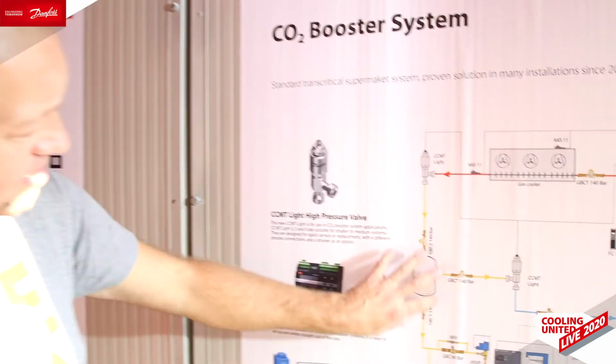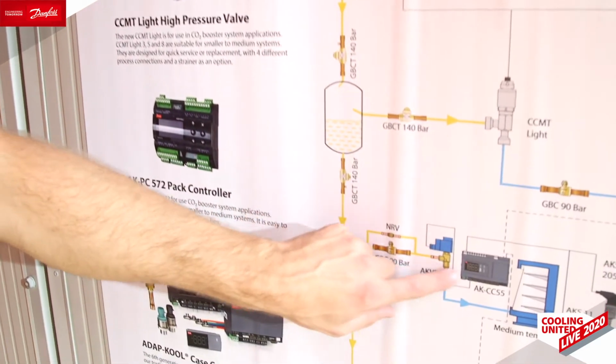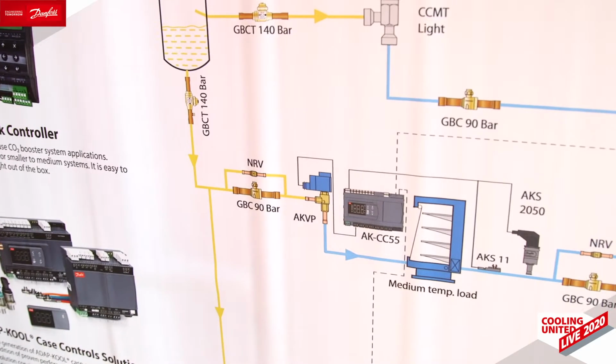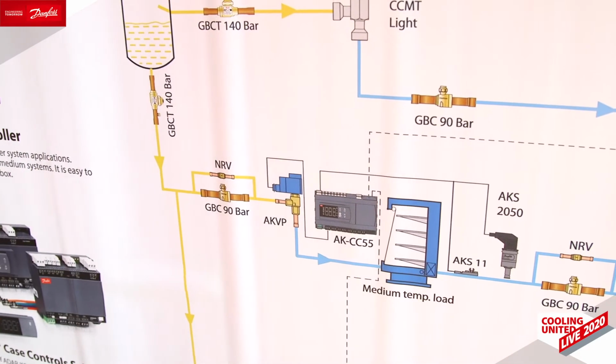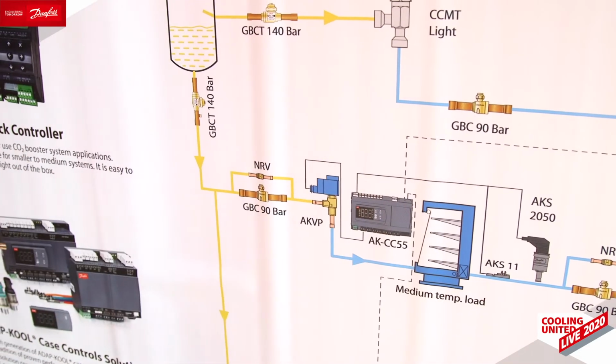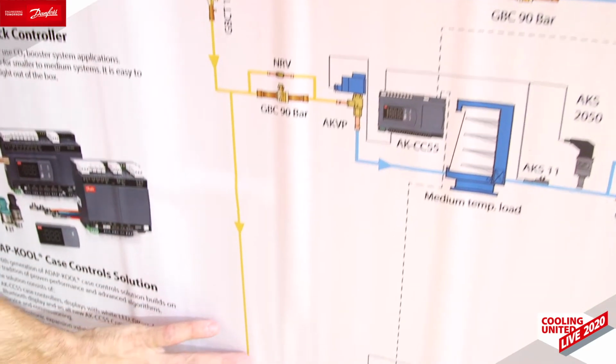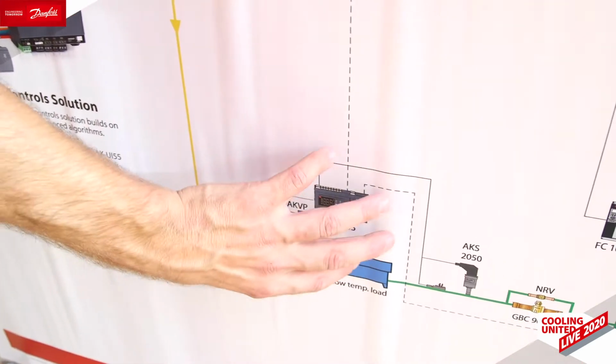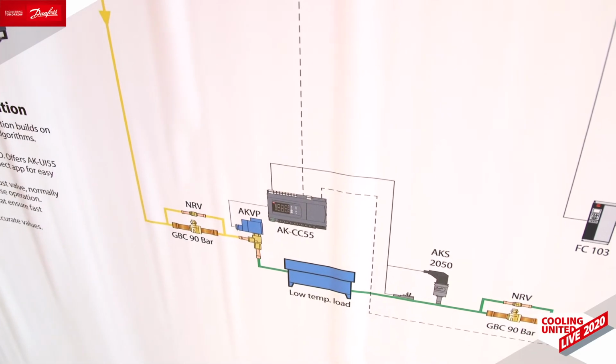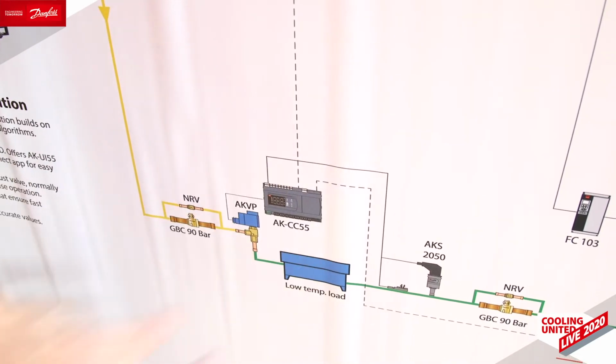The liquid in the receiver is led to the MT cabinets, where we have the Danfoss case controller with the AKV valve on the MT side, and we have liquid coming down to the LT cabinets, where we will also have the Danfoss case controller and the AKV valve.